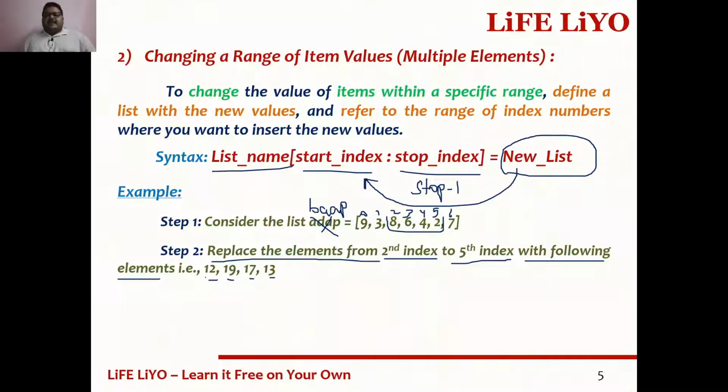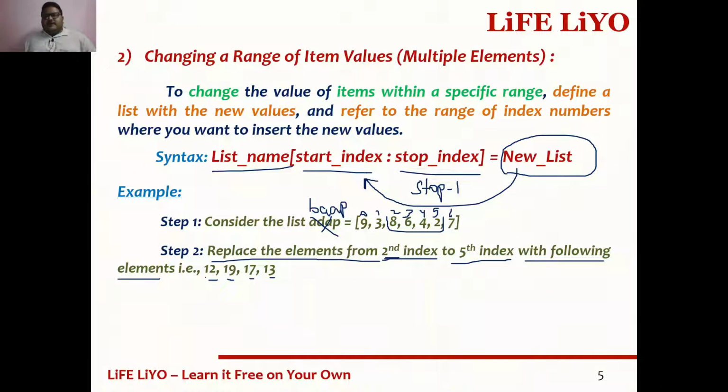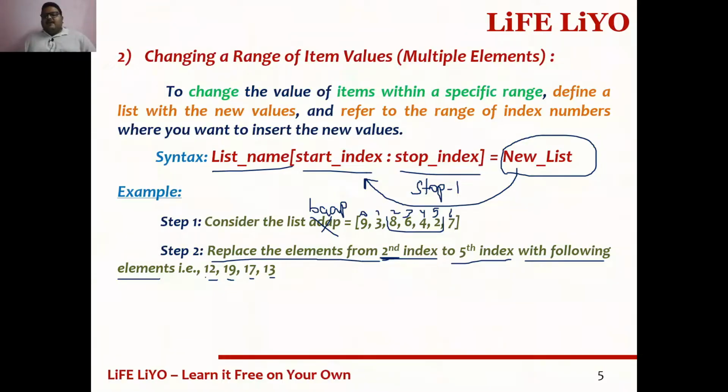So for that purpose, BOP of what is the starting index we have to take? Second index, so 2. Then what is the stopping index? Fifth index. If you want to stop at the fifth, we have to take the stop index as 6, because when you take the stop index as 6, it is going to consider up to 6 minus 1, that is 5 only.